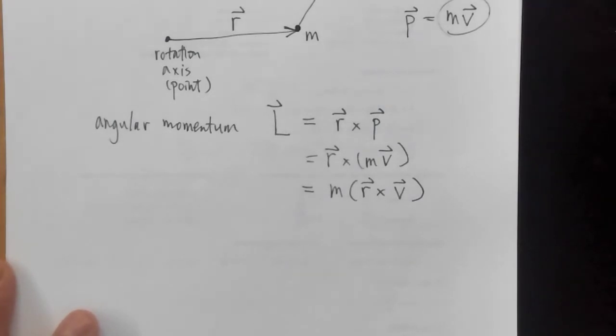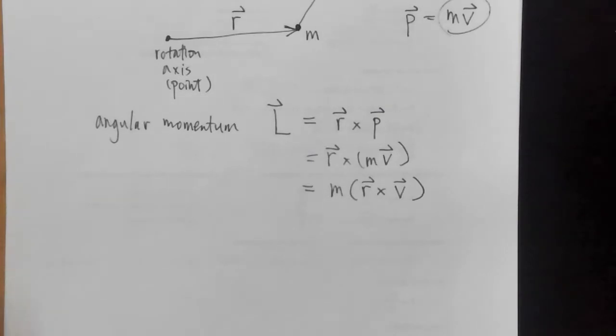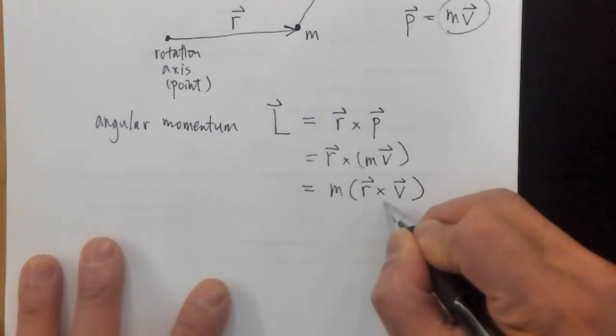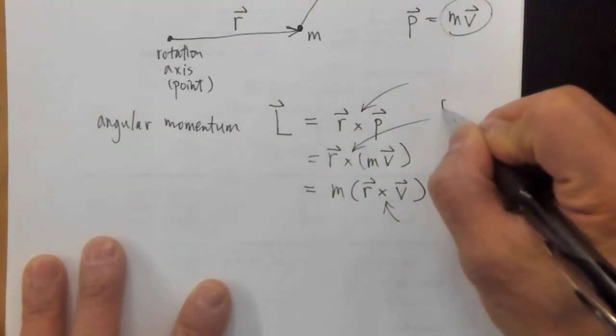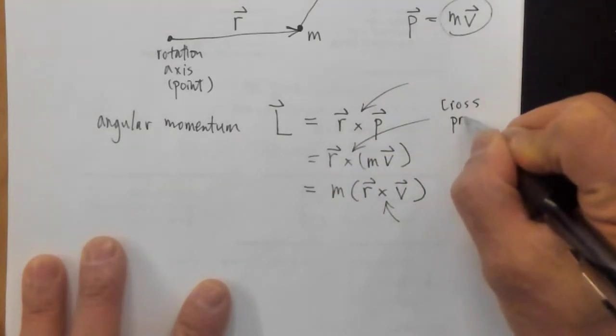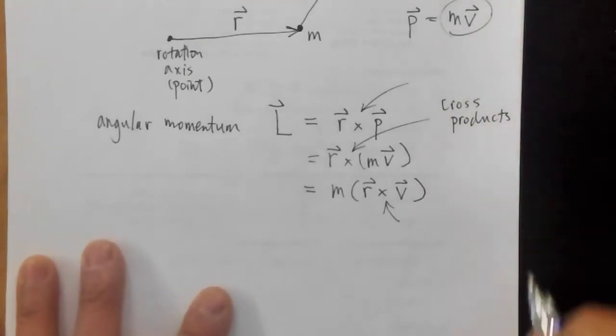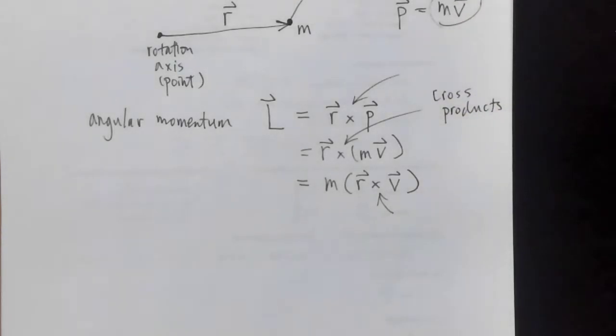Everybody okay with that? Any questions? Yeah. So yes, these things are cross products of vectors.